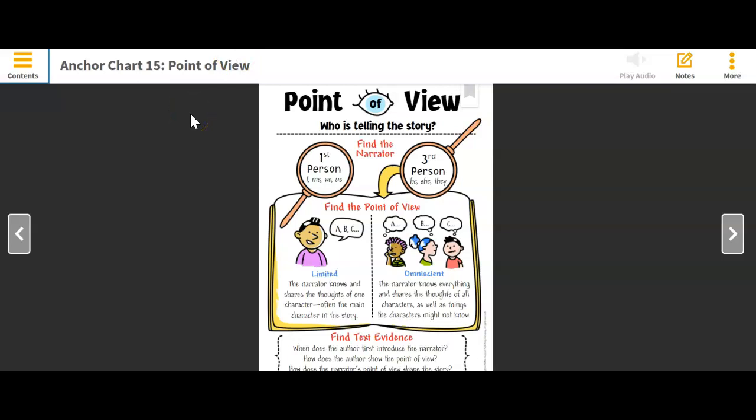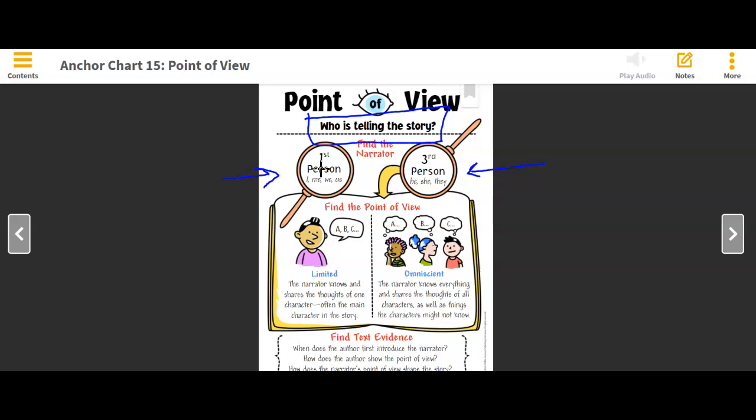Throughout this lesson, we're going to be focusing on 2 skills. The first one is point of view, which we haven't hit too hard yet this year. And point of view essentially is trying to analyze who is telling the story, okay? And there's 2 main types of points of view that we're going to be looking at in 5th grade. One is first person, the other is third person. If it's first person, then that means that the person telling the story is the person in the story.